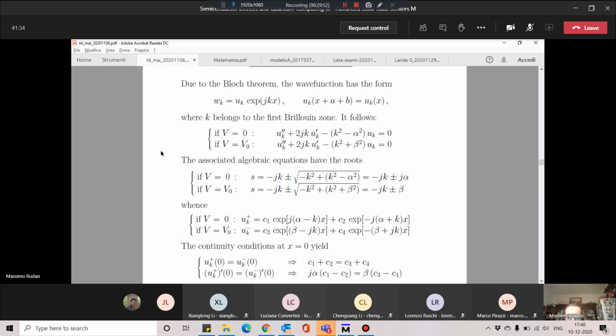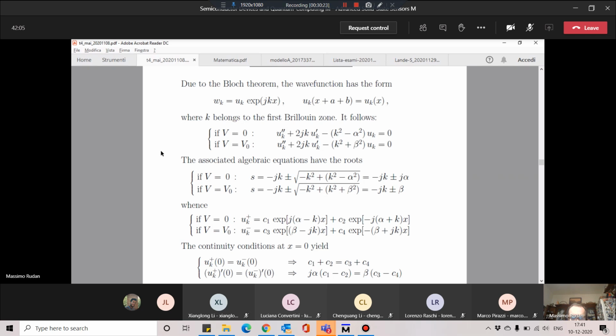You remember that with this type of equation, we proceed in the solution by considering the algebraic equations that are associated to them, okay? So we consider the second degree equations that are associated to these two differential equations. And we find the solutions, the zeros of the algebraic equations.